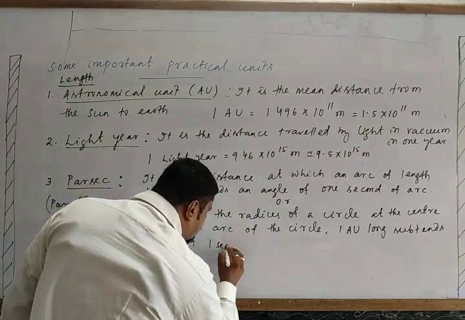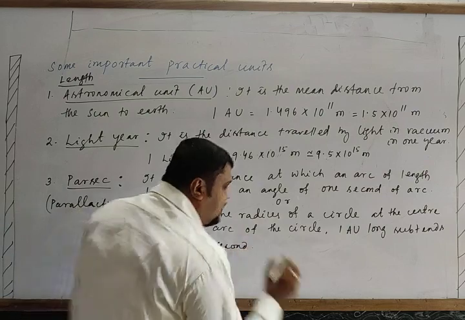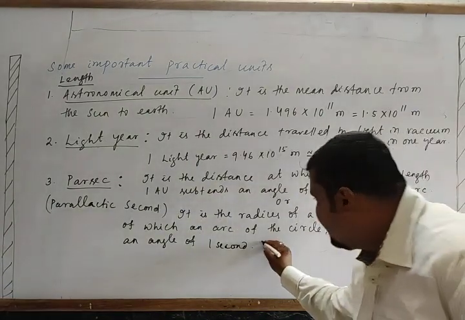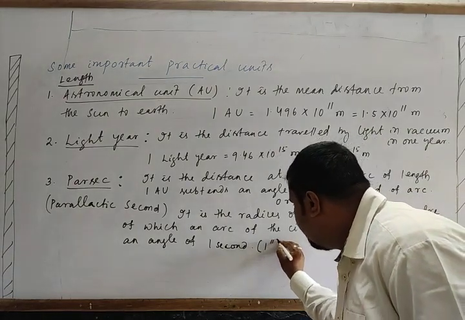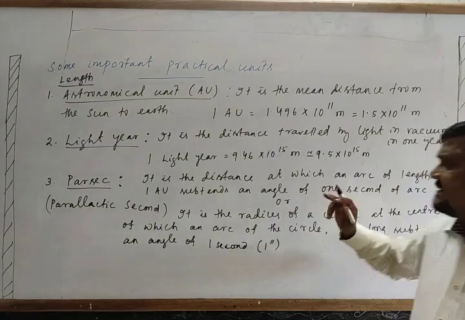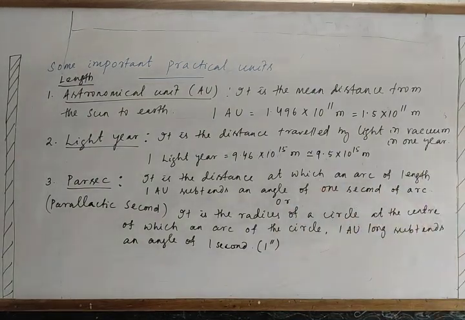Not degree, it is the second. So 1 second can be written as 1 double dash. It is the distance at which an arc of length 1 astronomical unit subtends an angle of 1 second of arc.